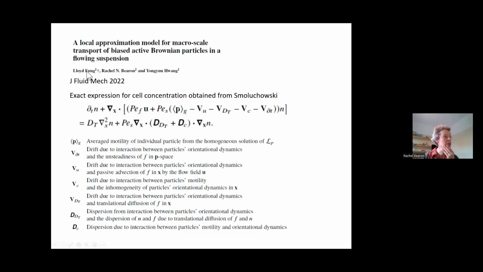We also did some other work. Lloyd Fung is a very talented PhD student, with Yongwan Huang, with whom I discussed this problem. We just got a recent paper published about how we can get local approximation models for biased active Brownian particles in flowing suspensions. The maths in these couple of slides is a little bit heavy, but the basic principle is that we're using a slightly different asymptotic approach to some of those that have been used.